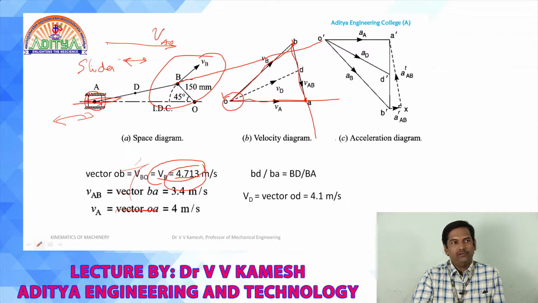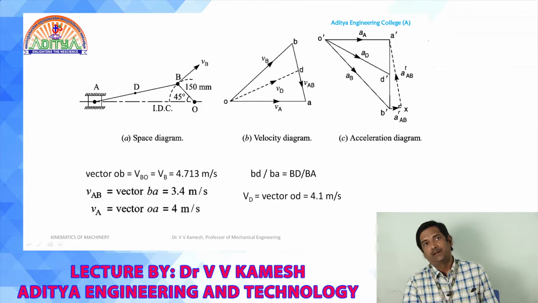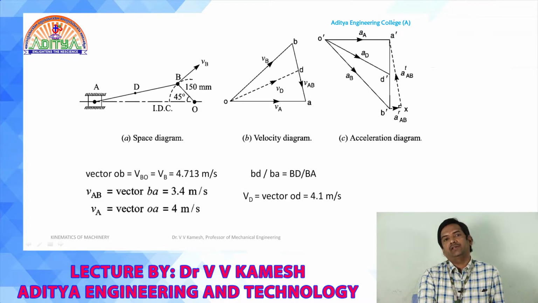Now, it is our turn to locate the acceleration diagram. From the velocity diagram, what we need to find is the angular velocity of the link AB, and again if any intermediate point is there on the connecting rod AB. So, here it is given that D is the midpoint.